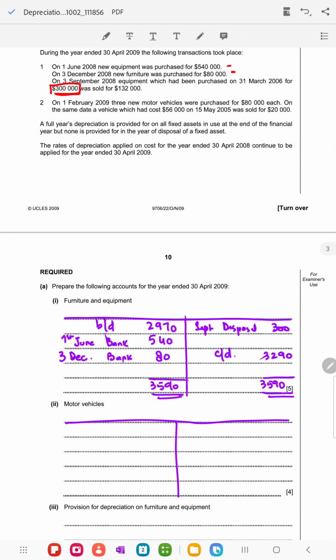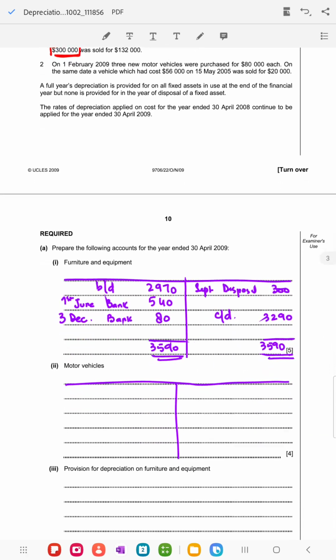Let's go to the account now and make it up. Brought down 1800, additions probably from bank only, purchase 80,000 each on the same date. It's not written that they haven't paid through bank, so I'm assuming that they have paid it.